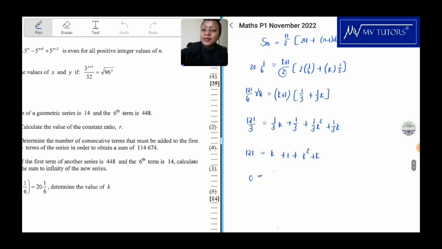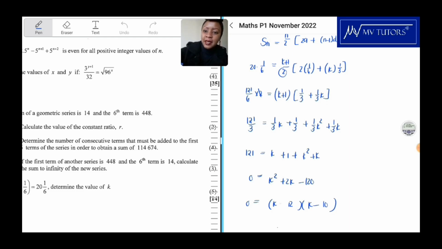Okay, so k squared plus 2k, and then we have 1 minus 121, so it's going to be negative 120. All right, equals 0, and we have two brackets. Okay, let's see, k, and we have 12 and 10. 12 times 10 should be 120.